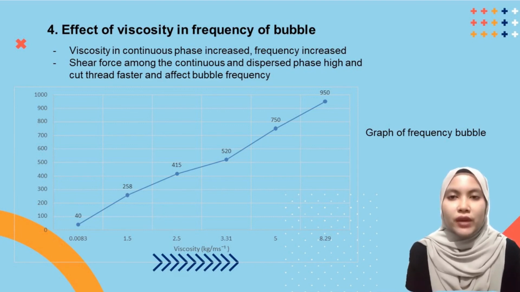At a viscosity of 8.29, a high frequency of 950 Hz is achieved. Increasing the viscosity in the continuous phase also makes the thread of the bubble shed off faster, which leads to an increase in the frequency.